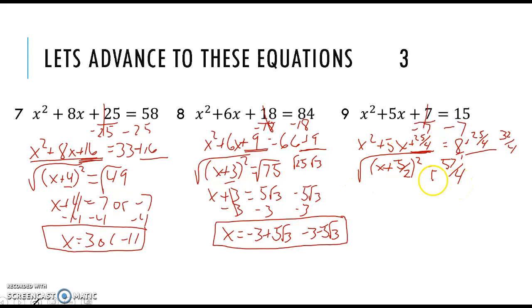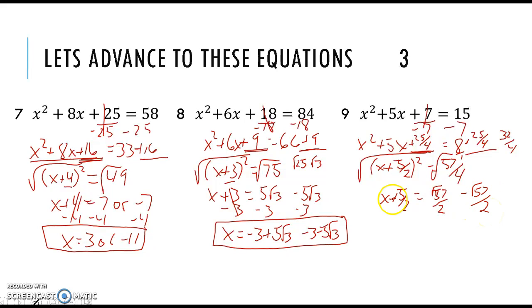Well, then I'm going to take the square root of both sides. Ugly numbers, but the process is still the same. I'll have x plus 5 halves equals plus or minus the square root of 57 over 4. Well, that's going to be the square root of 57 over 2, or negative square root of 57 over 2.